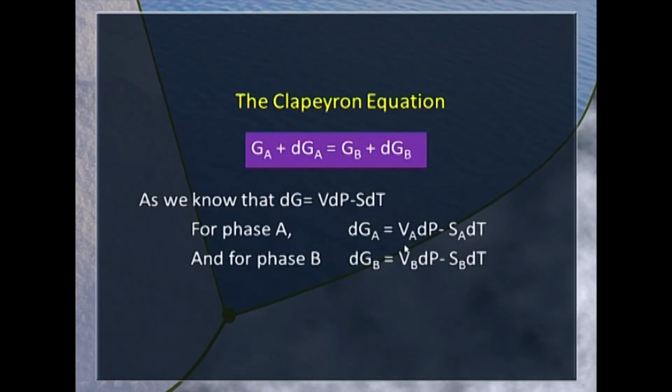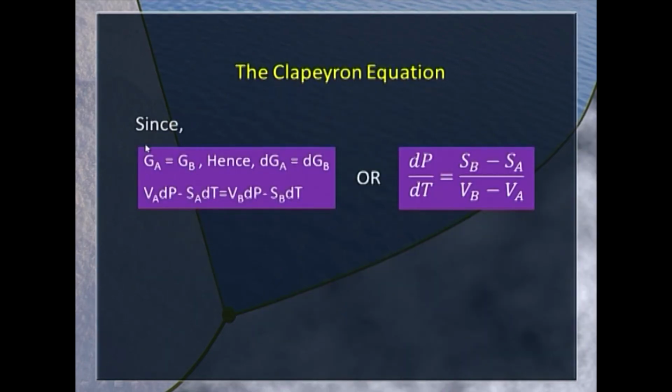So, we can have the expression dG equal to VdP minus SdT for both the phases. So, what we are left with is the change in Gibbs free energy for substance A and for substance B, and we can write the expression Va dP minus Sa dT equal to Vb dP minus Sb dT. Try to rearrange the terms so that we can get dP and dT on one side.